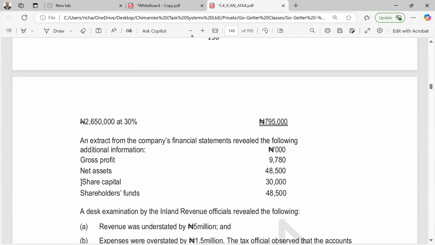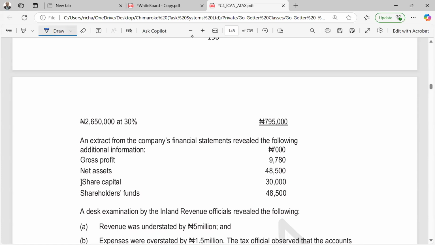Now an extract from the company review has the following. We have gross profit, net assets, paid up share capital, and turnover.